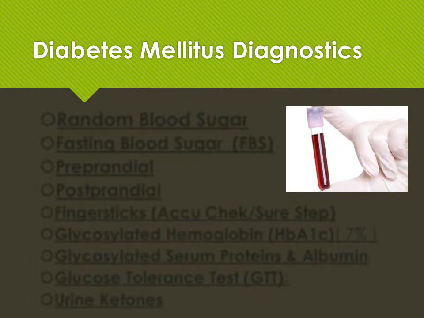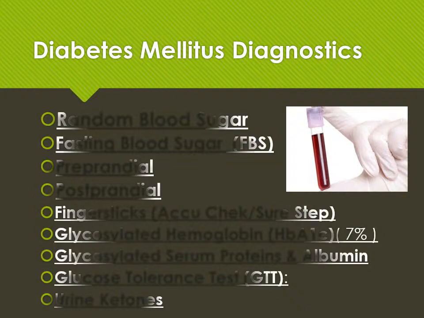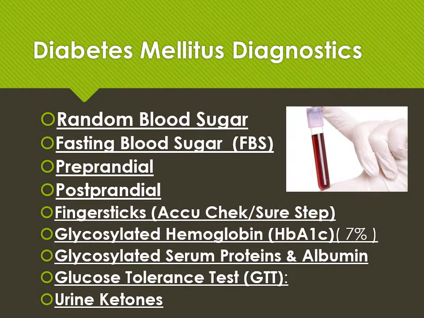Some other laboratory tests that can be used for diagnosing DM are random blood sugar, fasting blood sugar, pre-prandial, post-prandial, finger sticks, glycosylated hemoglobin, glycosylated serum proteins and albumin, glucose tolerance test, and urine ketones.